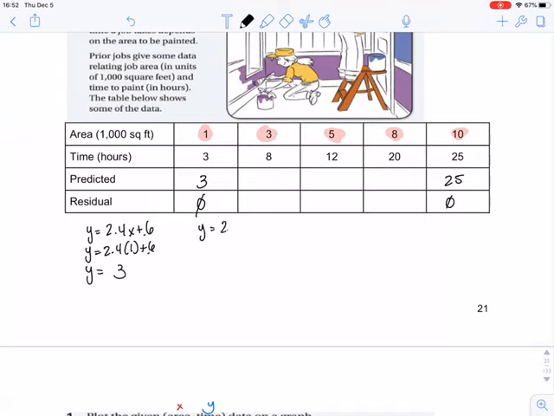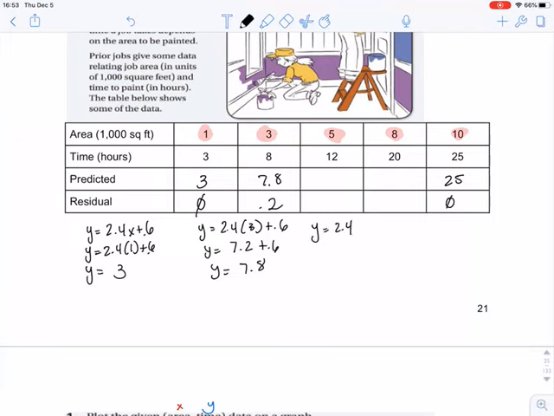Okay, y equals 2.4 times 3 plus 0.6. y equals 7.2 plus 0.6, y equals 7.8. And we get a difference of 0.2.